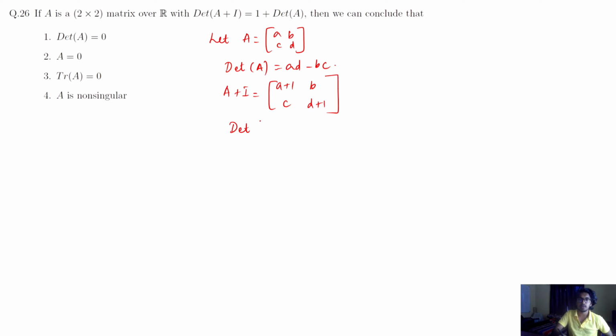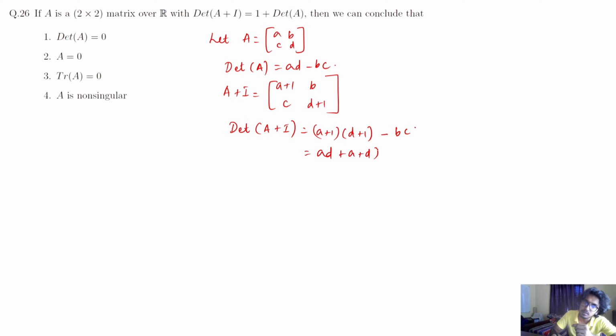The determinant of A plus identity is (a plus 1) times (d plus 1) minus bc, and this is simply ad plus a plus d plus 1 minus bc.